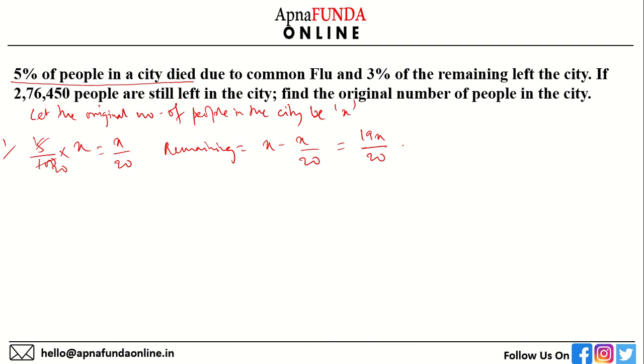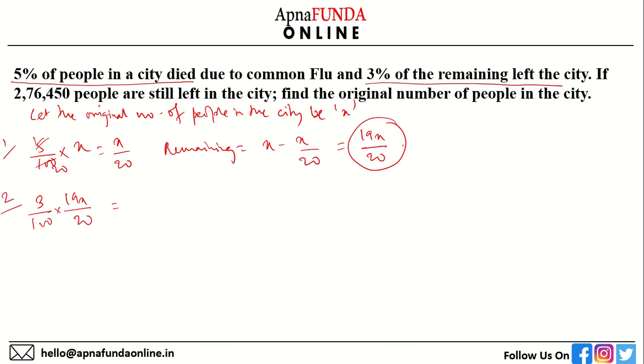In the second part, 3% of the remaining left the city. We already know the remaining number of people in the city. That is 19x by 20. 3% of the remaining left the city. So in the second part, 3% of remaining left the city.